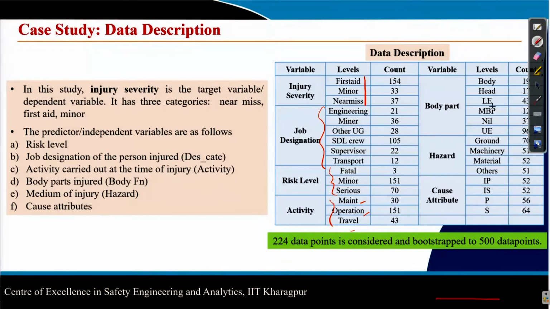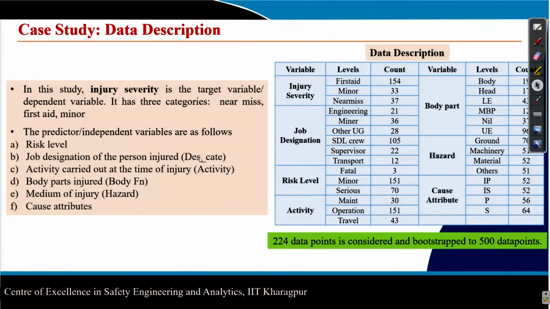Body parts, 1, 2, 3, 4, so many categories. Hazard: ground related hazard, machinery related, material related, other hazards, and cause attributes. These many things are there. As all are basically categorical in nature, I think this CART kind of classification tree is a better alternative for modeling of the data.